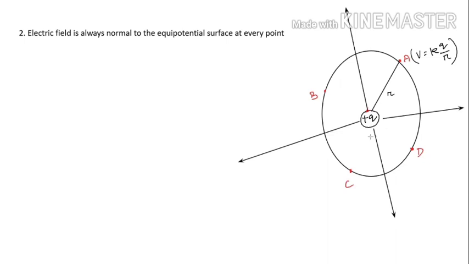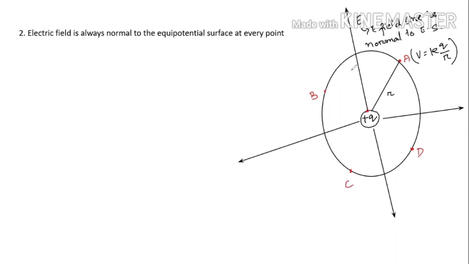You are having a radially outward electric field in all the directions. As you can see clearly, this electric field line E is always making 90 degrees with this equipotential surface. That means this electric field line is normal to the equipotential surface.